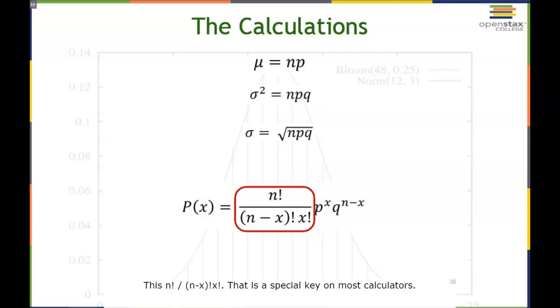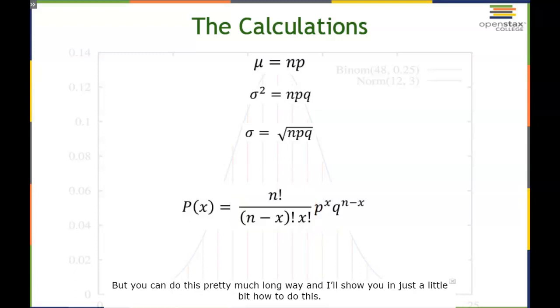That is a special key on most calculators, but you can do this pretty much long way. And I'll show you in just a little bit how to do this the long route, and then I'll show you how to do it the shortcut route. It is n factorial divided by n minus x all factorial times x factorial. That is all times p to the x power times q to the n minus x power.